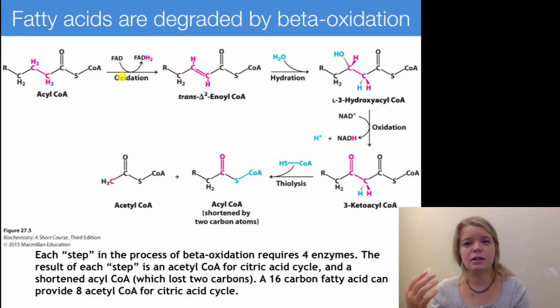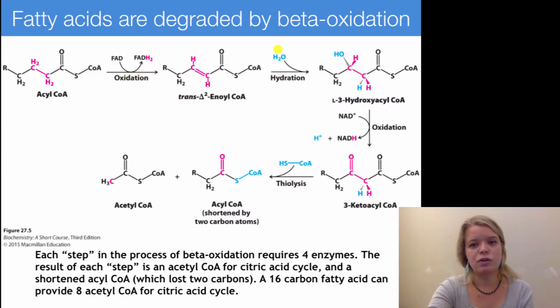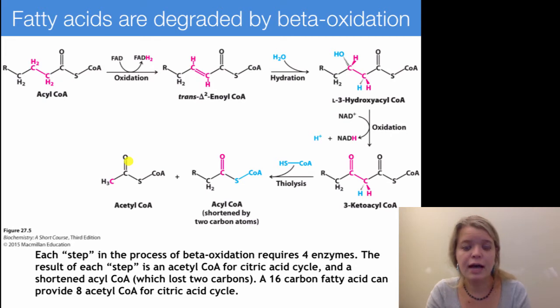The process has 4 steps. The oxidation step, the hydration step, where water is added to destabilize the molecule, a second oxidation step, and the thiolysis step in order to release this CoA in order to attach a new acetyl-CoA molecule to the shortened acyl-CoA chain.